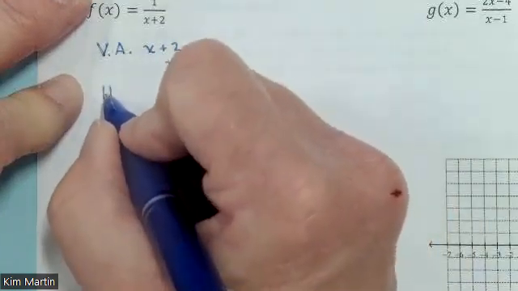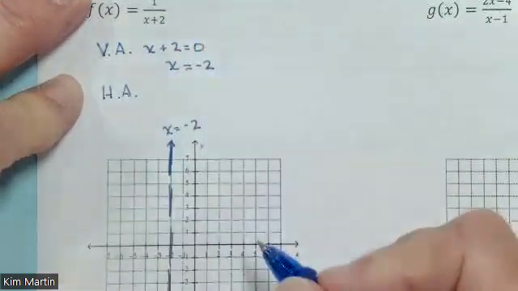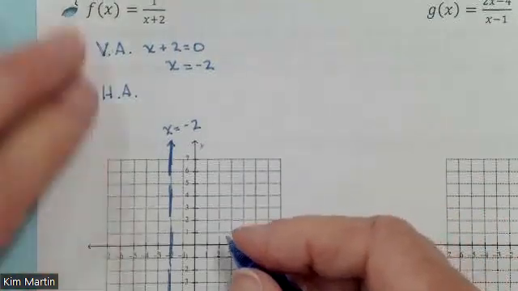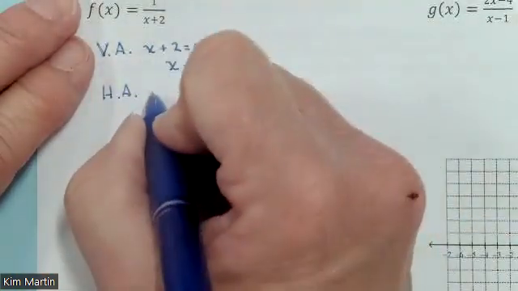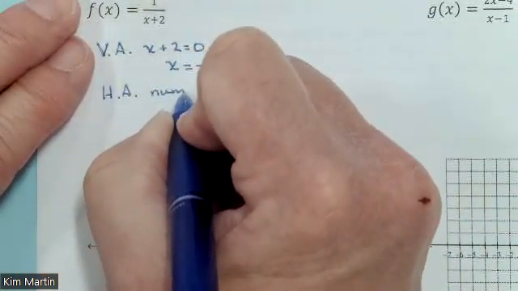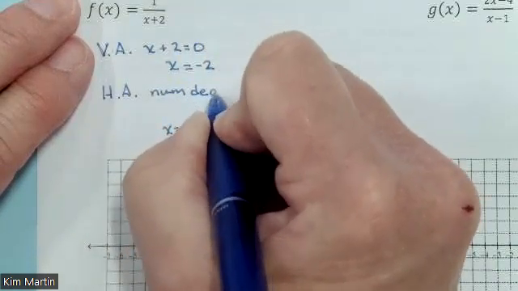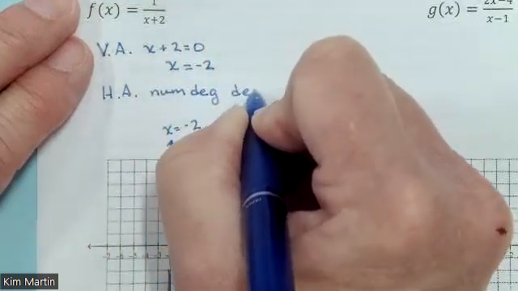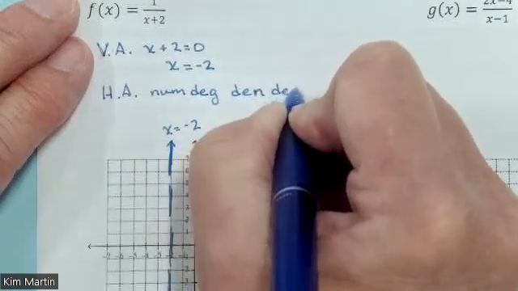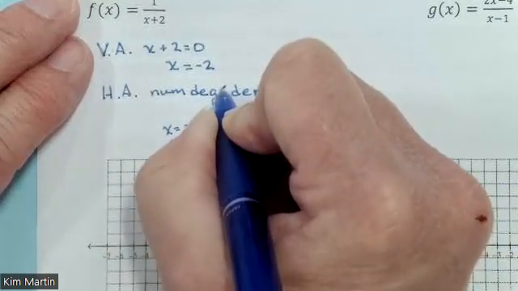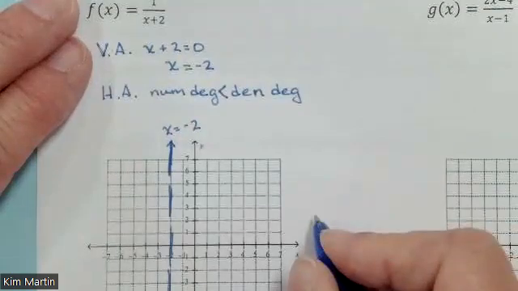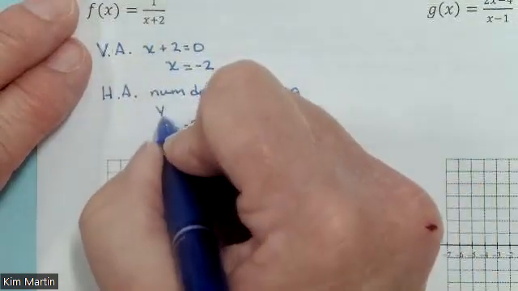And now you do a horizontal asymptote. Compare your degrees. Numerator degree is 0. Your denominator degree is 1. So it is less than, so our horizontal is y equals 0.